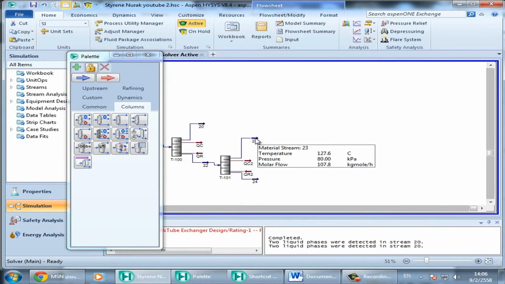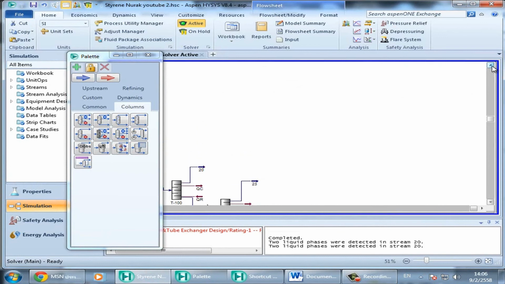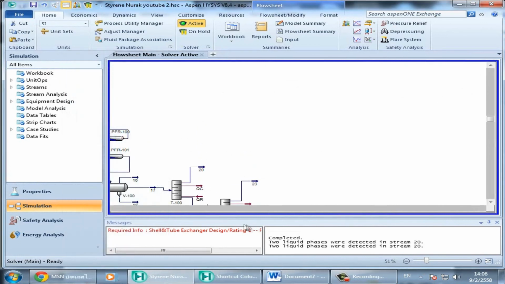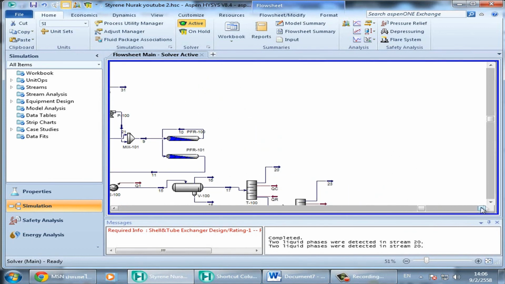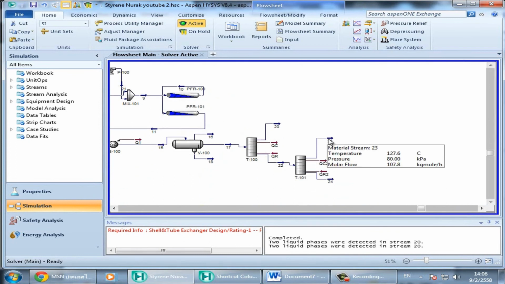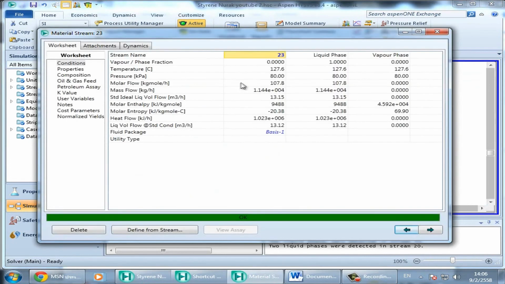So now what we are doing is thinking about the pressure here, which is 80 kilopascal, while the pressure at this point is equal to 210. So we need to increase the pressure. And of course, at this stream all of it is in liquid phase.